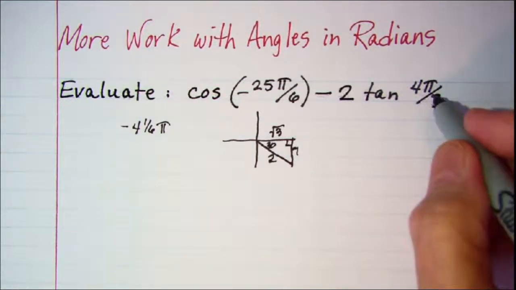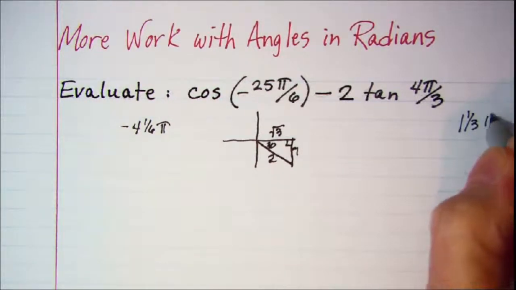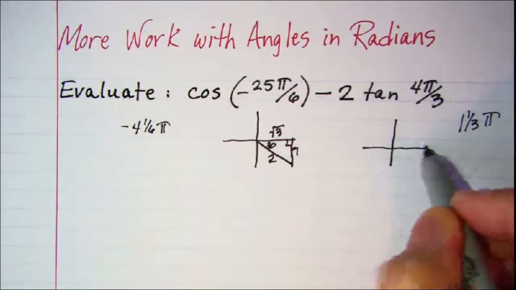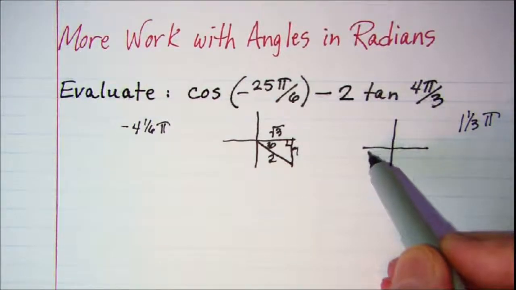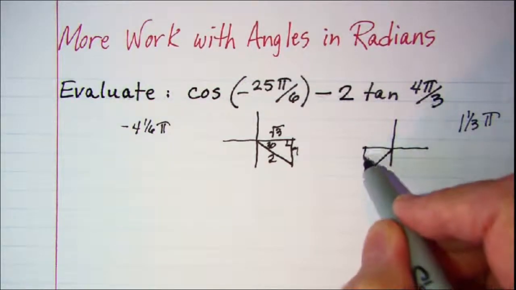And on this one, 4 pi over 3, I can think of that as 1 and 1/3 pi. That's a positive rotation. So my reference triangle, I have 1 pi, and then 1/3 of a pi would put me in quadrant 3.